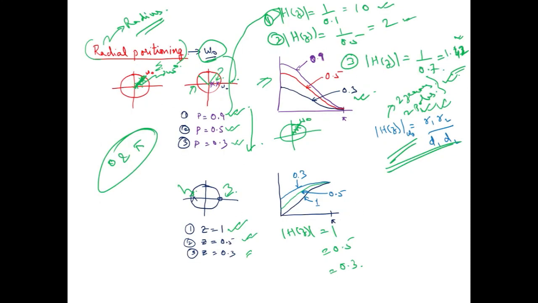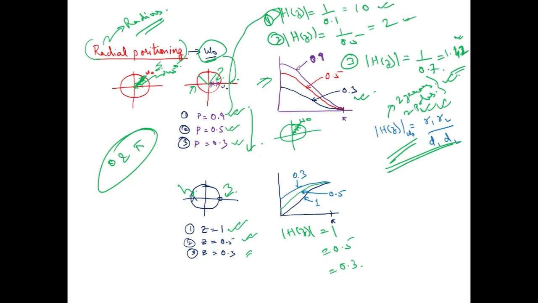So if you look over here, what we have basically seen is that as we place the poles nearer to your resonant frequency component point, we get an enhancement of the amplitude.